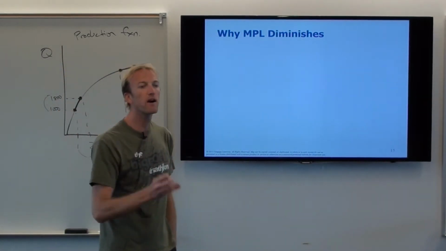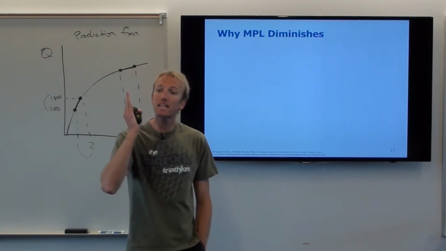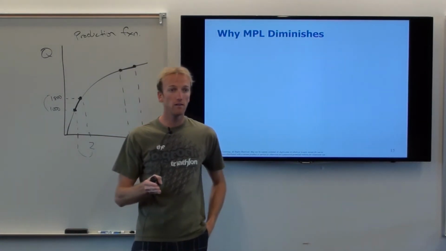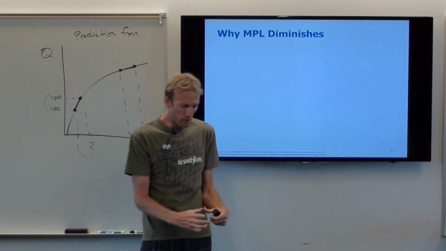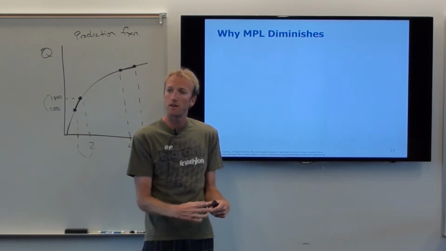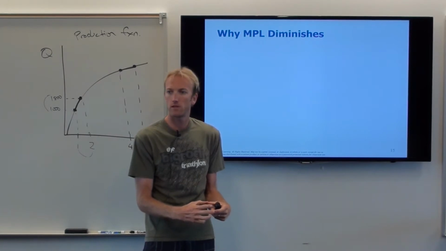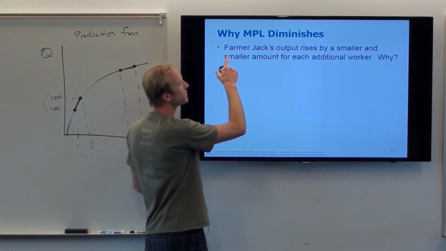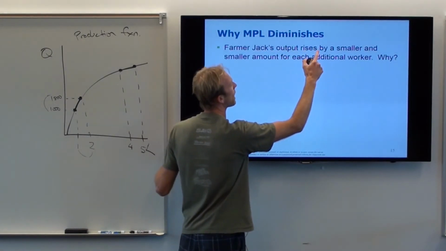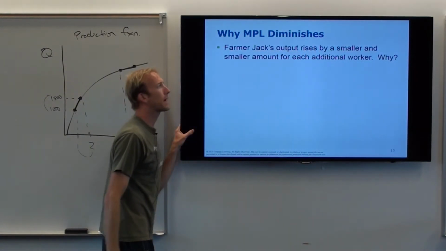Yeah. In the example, he has 5 acres, right? It's not that they're less worthwhile, right? But when you hire more people, it starts getting crowded. It makes each person have a smaller and smaller amount that they can farm on, right? So they're clearly going to be less productive, okay? So every additional person he gets, his output rises by a smaller and smaller amount.